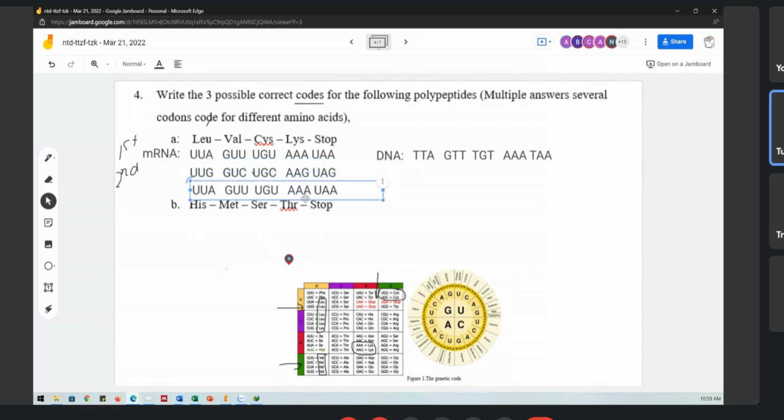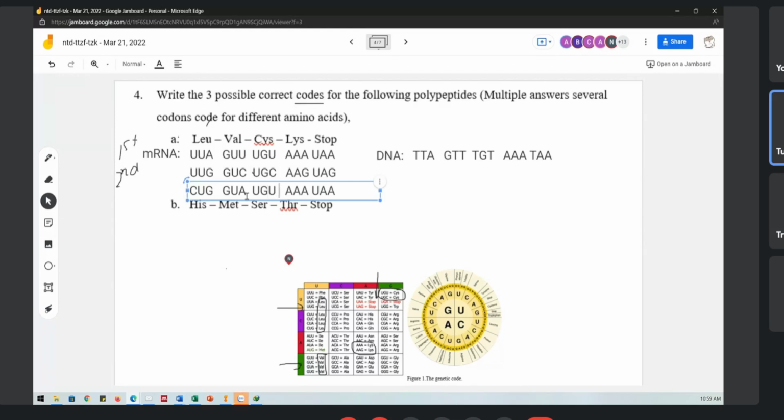Okay, so for the third, you choose another combination as well. So for example, here, as long as you have a few different points, you're okay. So CUG, for example, and with the valine, we use the other A here.